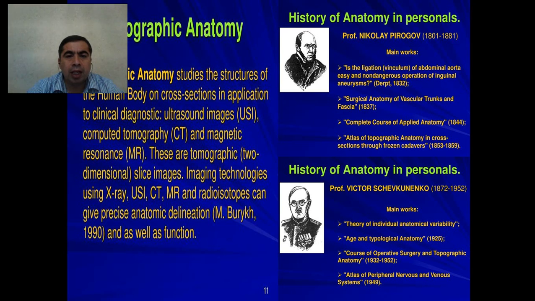And from this point of view, the topographic anatomy studies the structures of the human body on cross sections in application to clinical diagnostics, ultrasound images, computer tomography, and MRI, magnetic resonance. These are the tomographic two-dimensional slice images. Imaging technologies using X-ray, ultrasound images, CT, MR, and the radioisotopes can give the precise anatomic delineation as well as function.